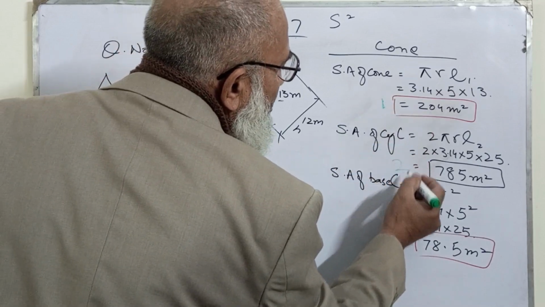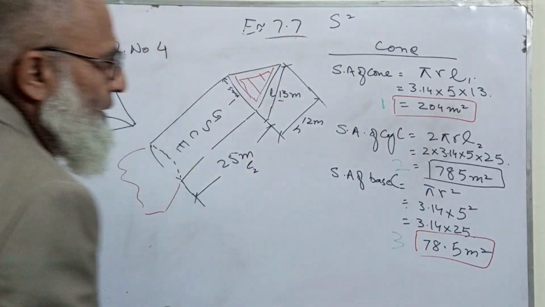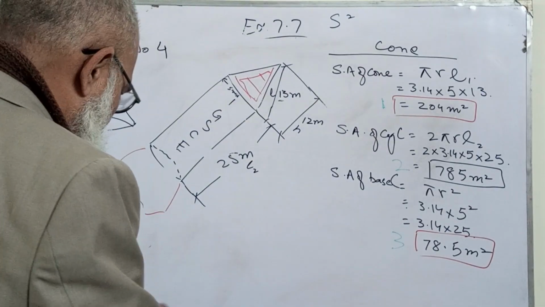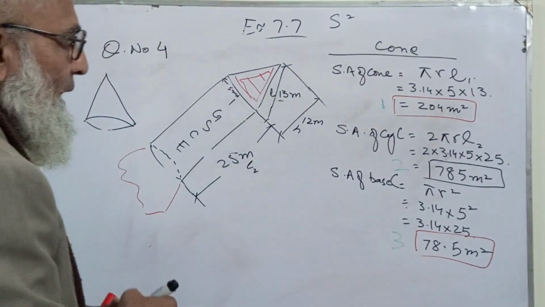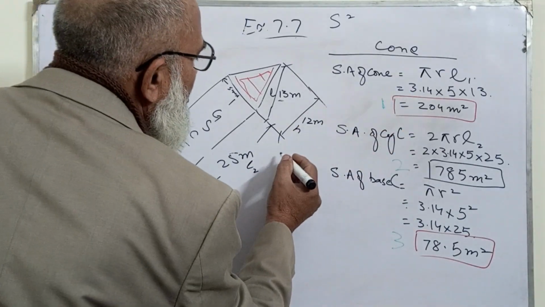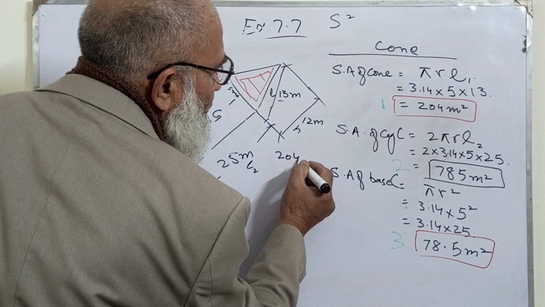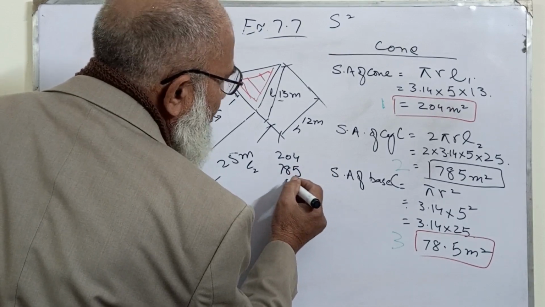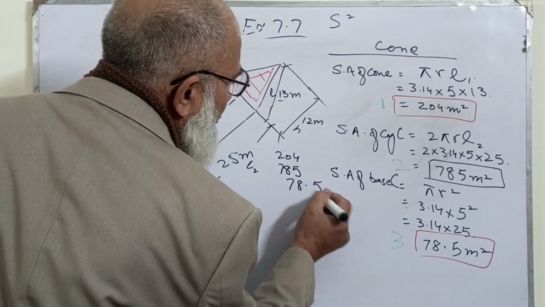Now, my dear students, answer 1, answer 2, answer 3. Just take the aggregate of all these, just add them. 204, 785 and 78.5.